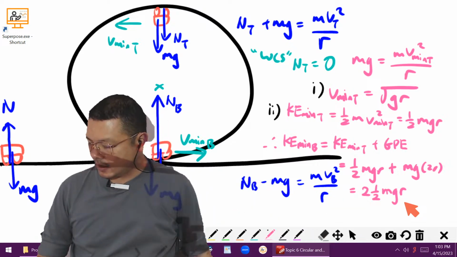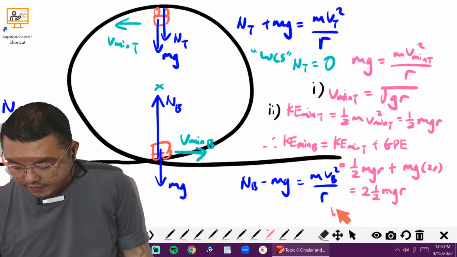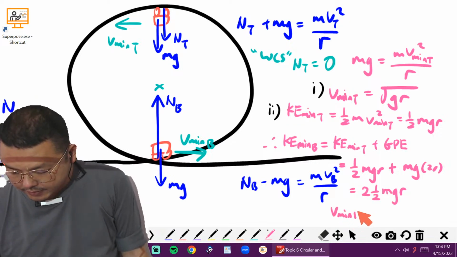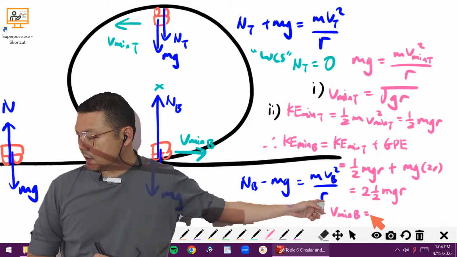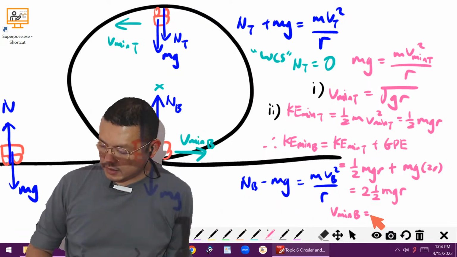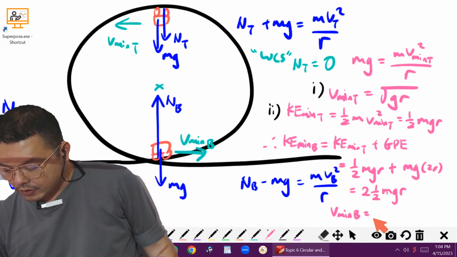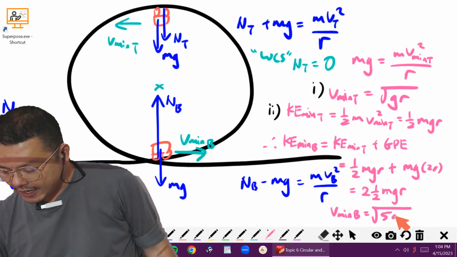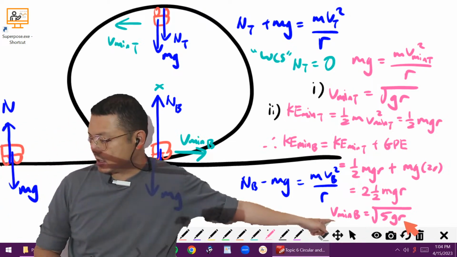Okay, yeah. And therefore, what is the v minimum at the bottom then? So v minimum at the bottom, right? This is half m v minimum at the bottom squared. So you take out the thing, then you will be left with root of 5gr. Agree?